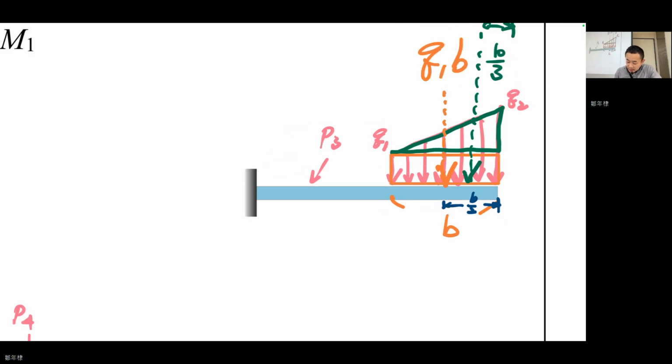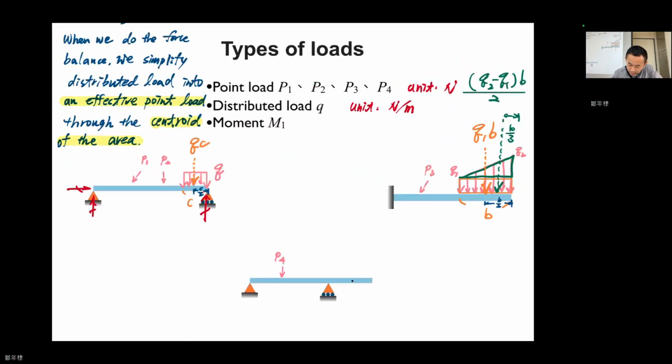Let me make this in a better form. For the green part, the triangle, the value will be Q2 minus Q1 as the height, and the width is B. So Q2 minus Q1 times B divided by 2 will be the value of the effective load, and it acts at the triangle's centroid.